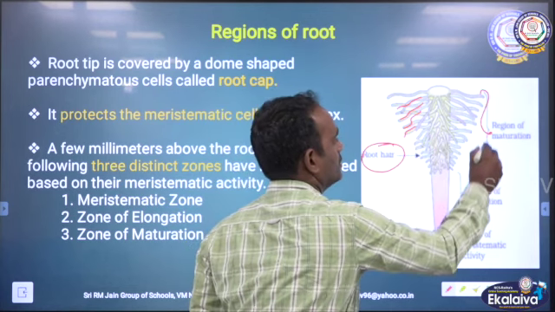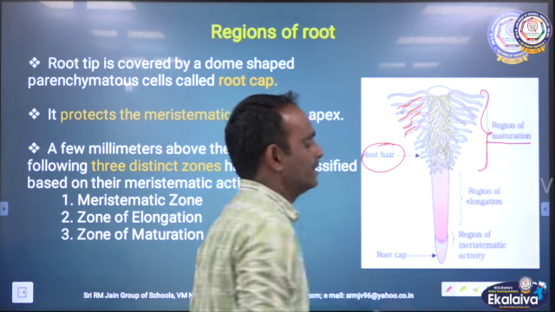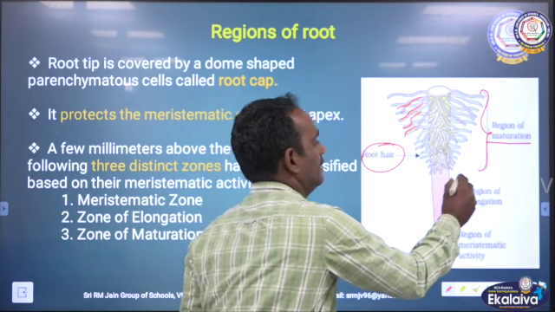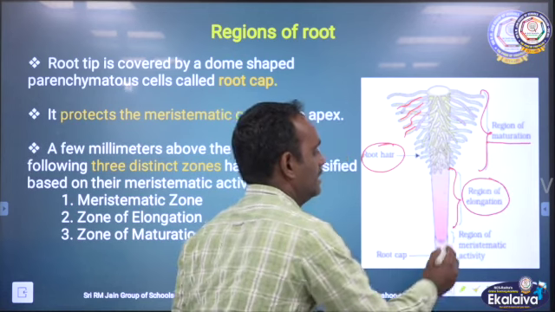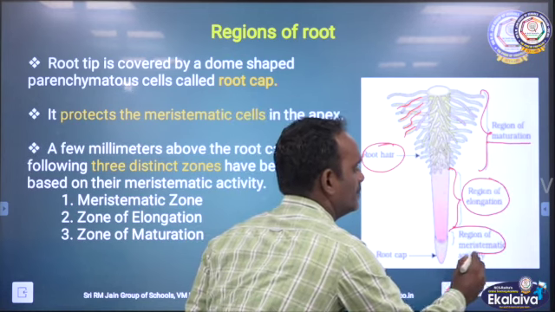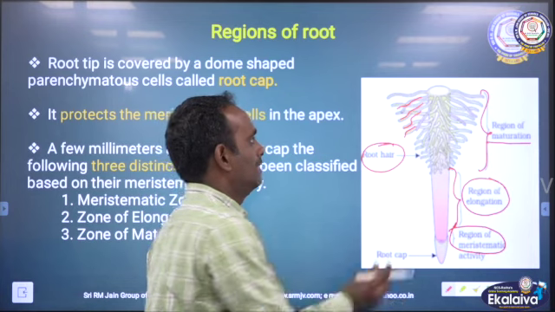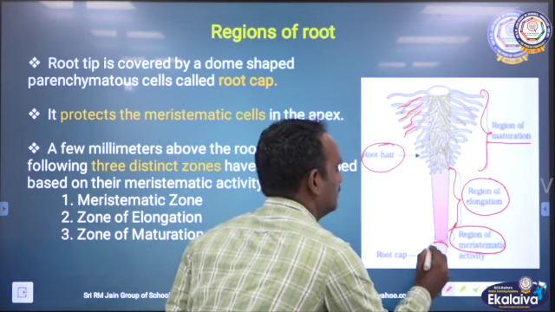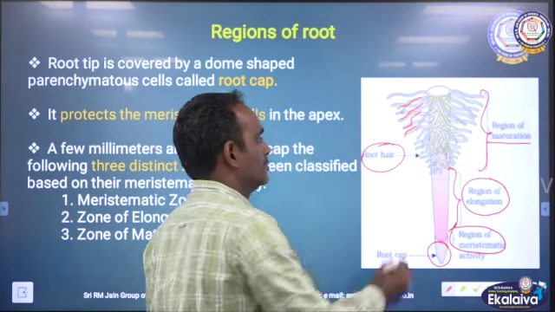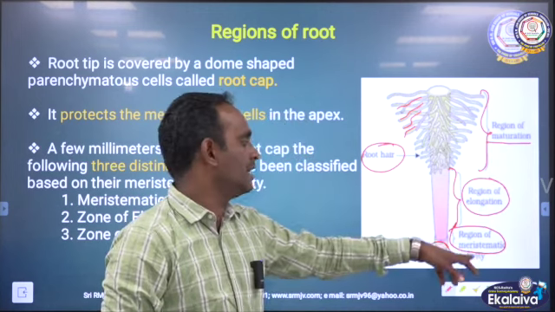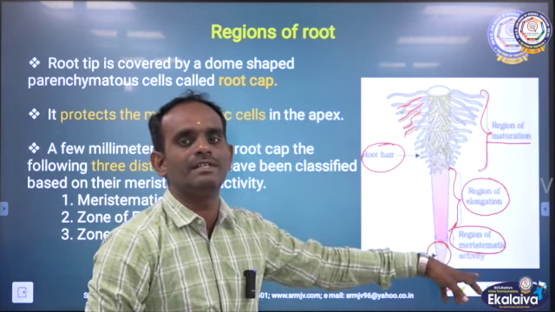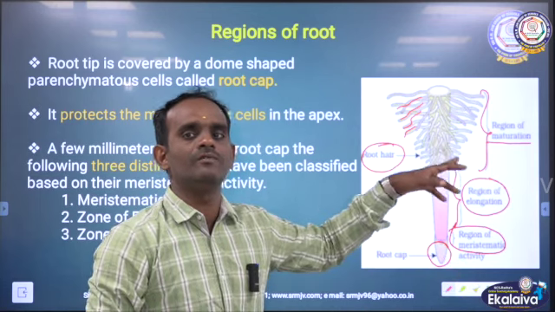This whole portion is called region of maturation, and then this region is called region of elongation, and here this is called region of meristematic activity, and this root is covered with root cap. So mainly region of maturation, region of elongation and region of meristematic activity. These are the main regions of the root.